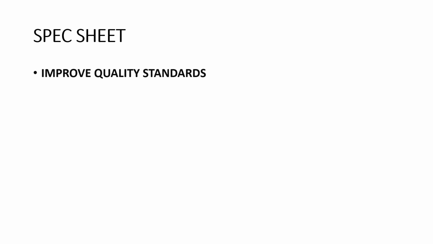So when good quality materials are to be used as per the specification sheet, obviously the garment which will be produced will also be of improved standard. When I am talking about improved standards, I am talking about the quality standards of the garment. So that is one of the advantages of the specification sheet, or technical document, or technical specification sheet.